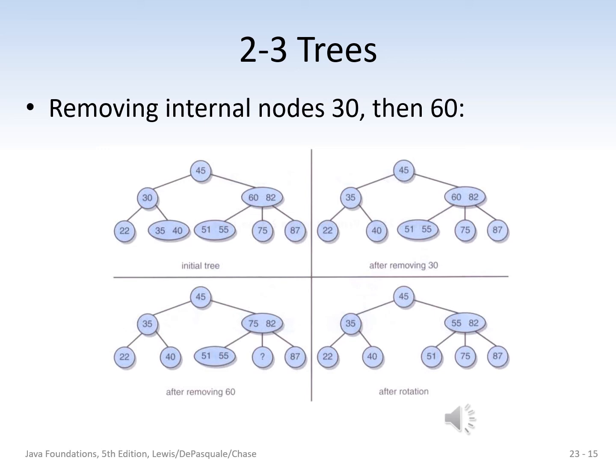So then we're still in an appropriate format with the 3-node 55 containing elements 55 and 82 having 3 2-node children. A lot of moving parts. Pay attention. Take a close look at this on your own and walk through the process.